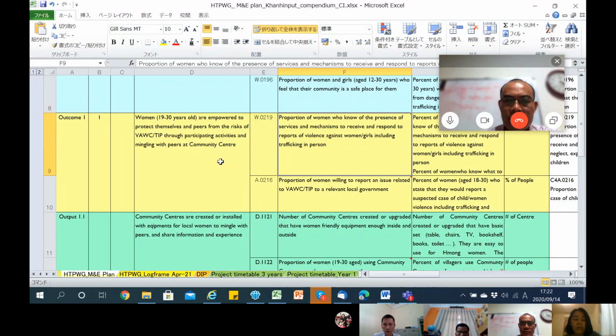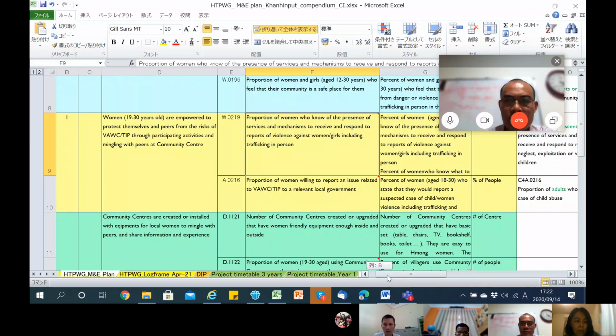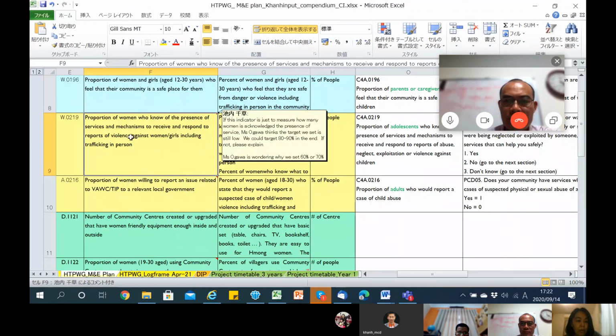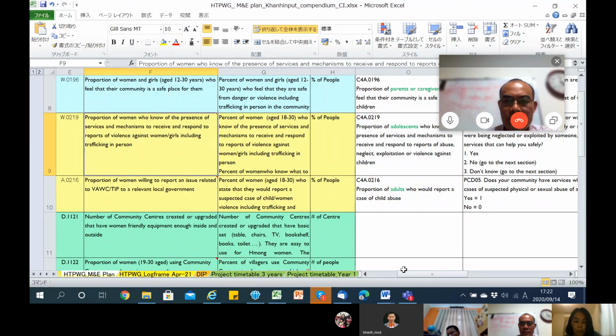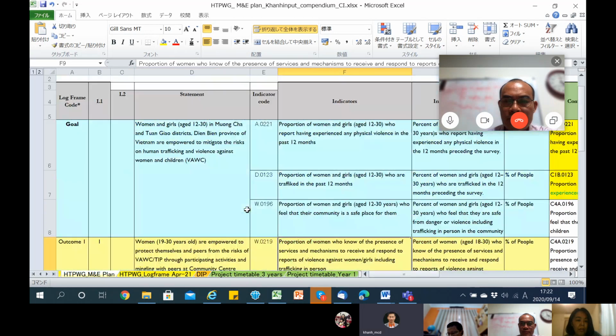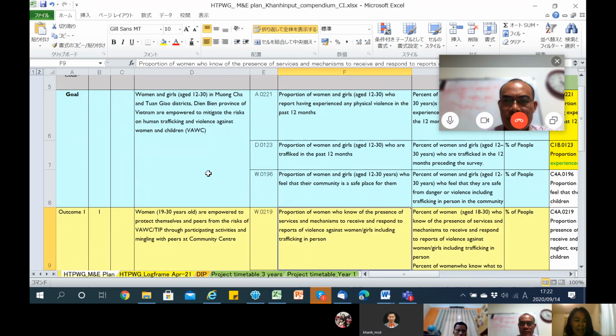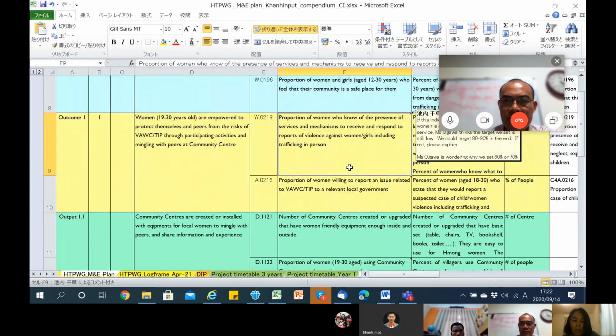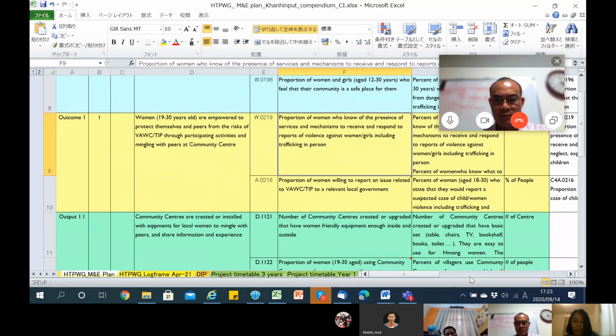The first is the activity statement, and the indicator would be the proportion of women who know of the presence of services and mechanisms to receive and respond to reports of violence against women and girls, including trafficking in persons.